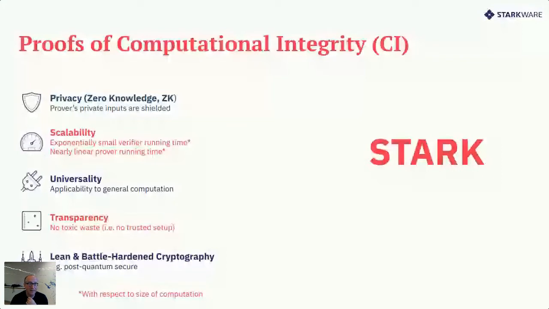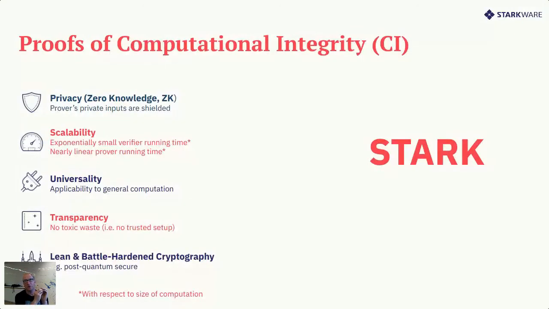Another one is the property of scalability, which means that you would like the time needed to generate a proof to be as small as possible, and the time needed to verify a proof to be as small as possible. And it's with respect to the size of the computation.